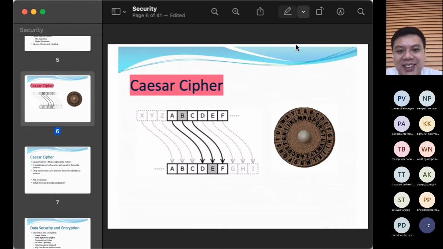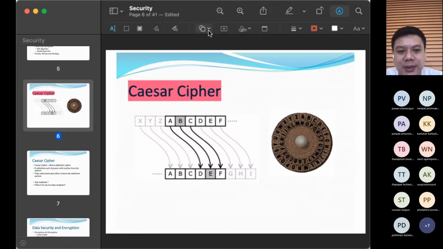So from the original, Bob tries to send CAB to Alice.